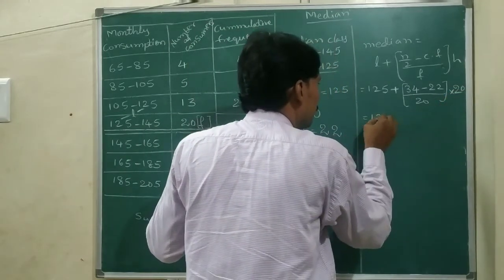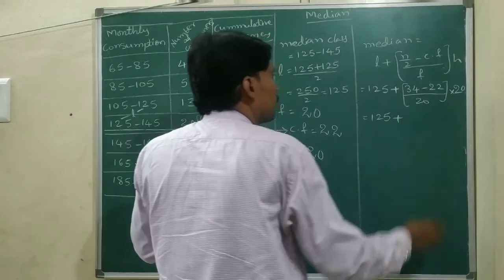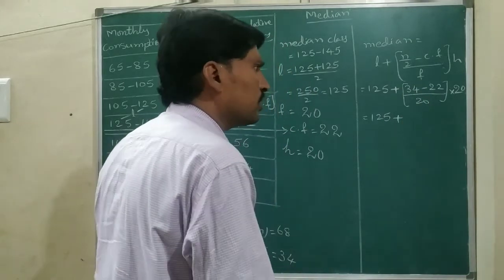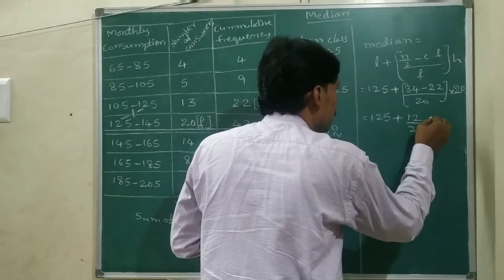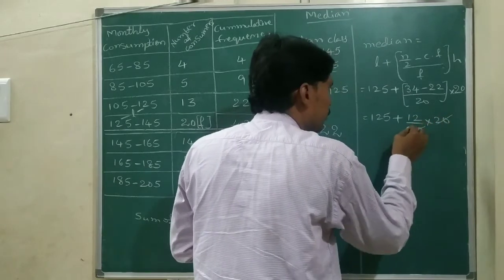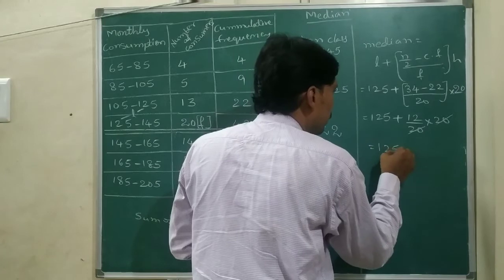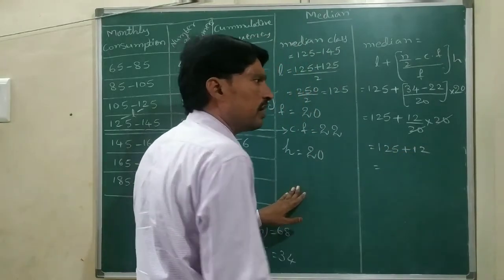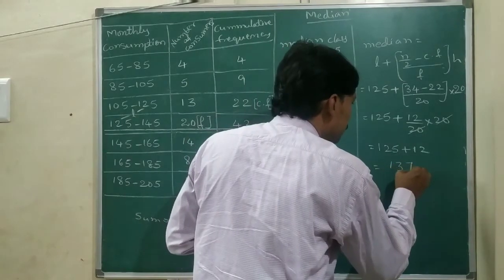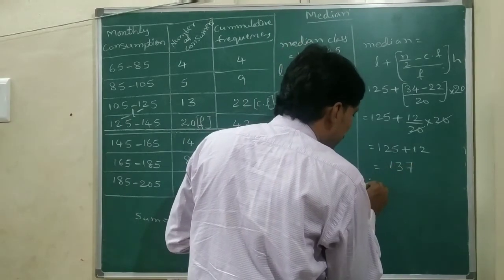That equals 125 plus (34 minus 22). 34 minus 22 is 12, by 20 into 20. 20 ones are 20, so 125 plus 12. What is the value? 137. So therefore the median equals 137.